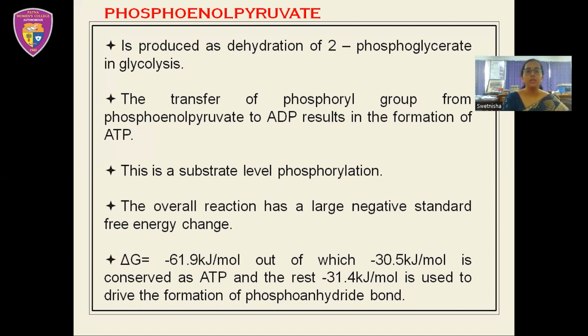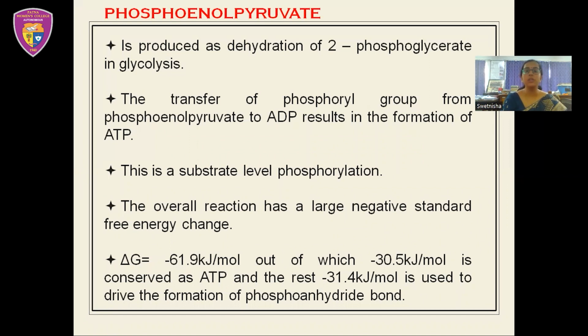Okay, so when phosphoenol pyruvate is broken and the phosphoryl group is transferred to ADP for formation of ATP, it releases a negative free energy of minus 61.9 kilojoule per mole.